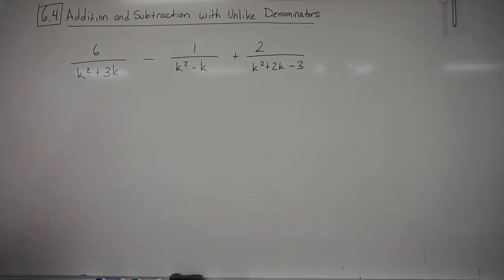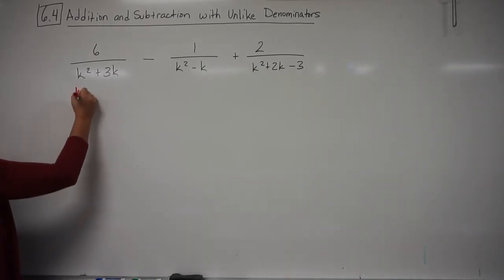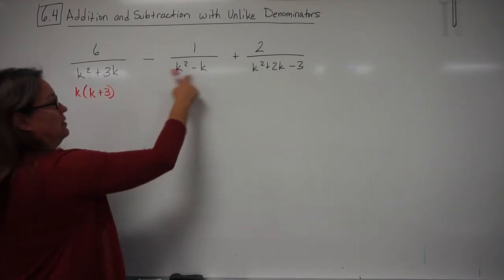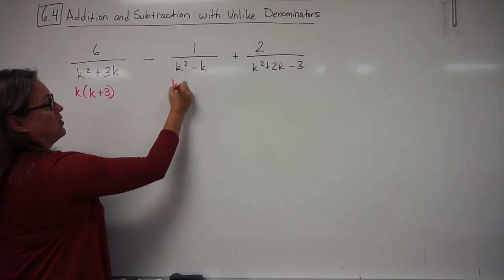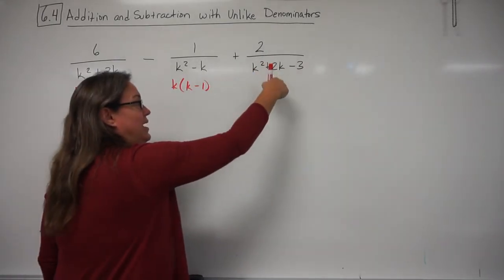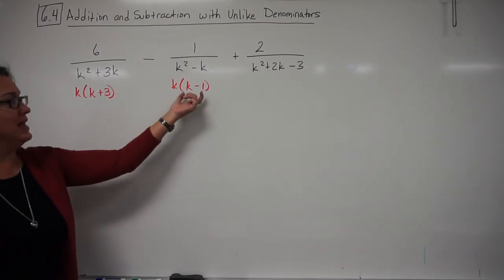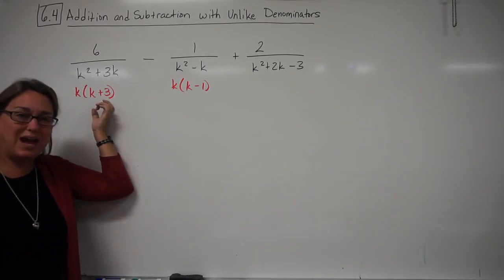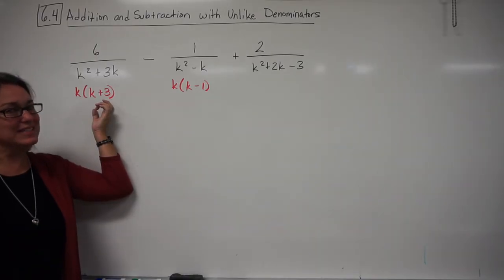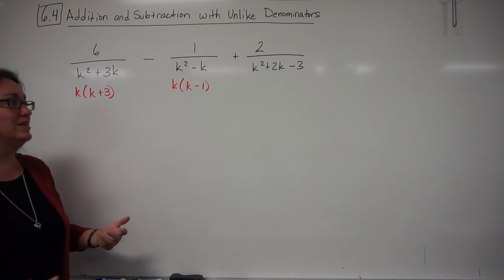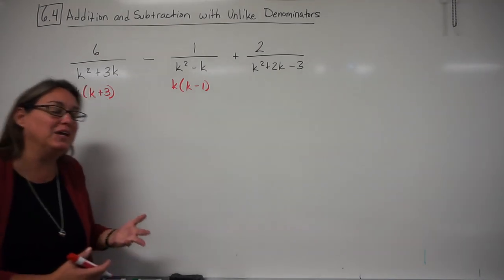Once again, I'm going to factor each one of these and take a look. Just as I could factor a k out here, I can factor out a k here. And I'm really hoping that this trinomial breaks down to be k minus 1 times k plus 3. This doesn't always happen, but your textbook is a setup. The authors have written your textbook in such a way that things should work out kind of reasonably.